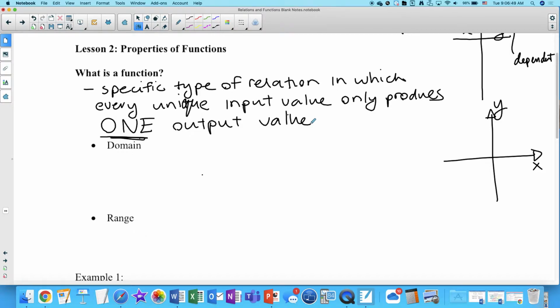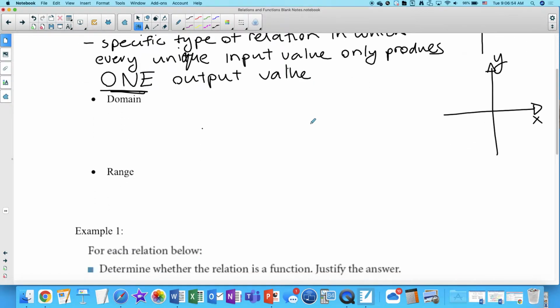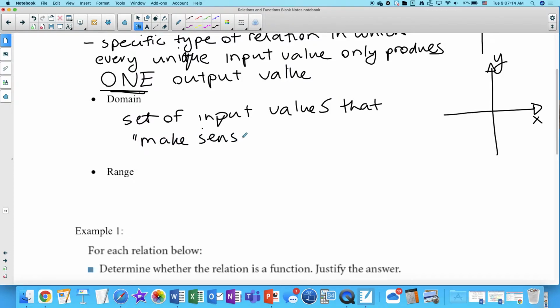Now, domain. Domain is a set of values. It's the set of input values that make sense or are possible in a specific function.